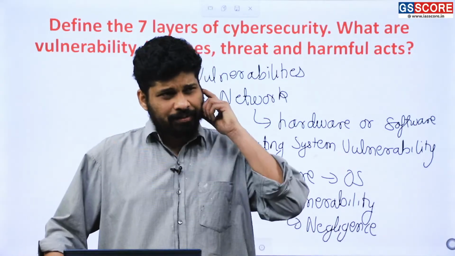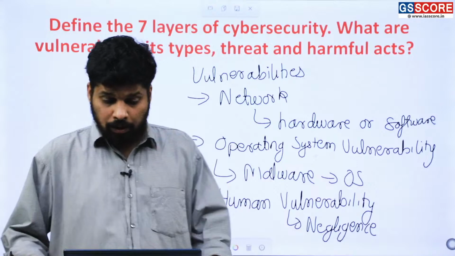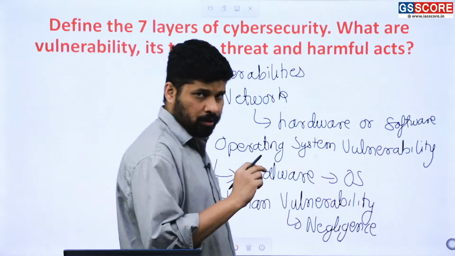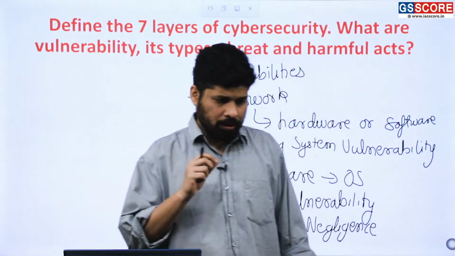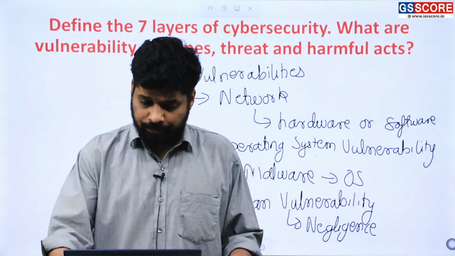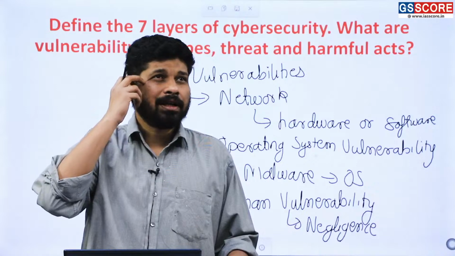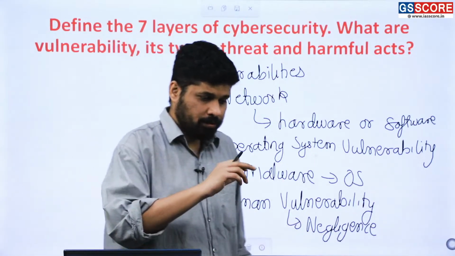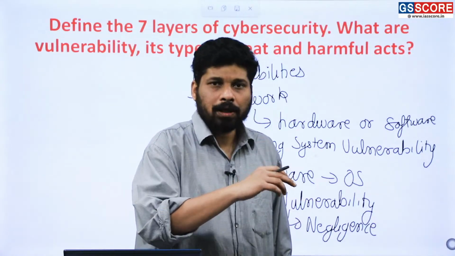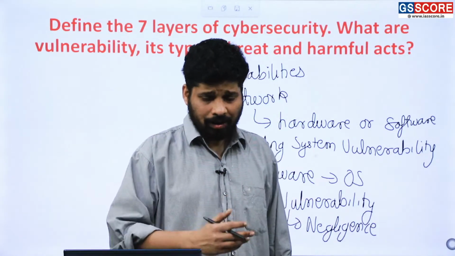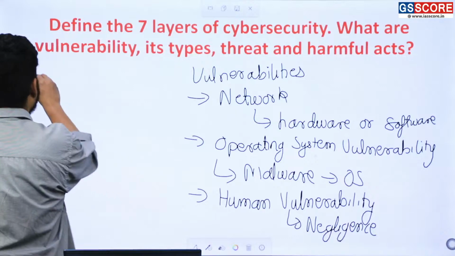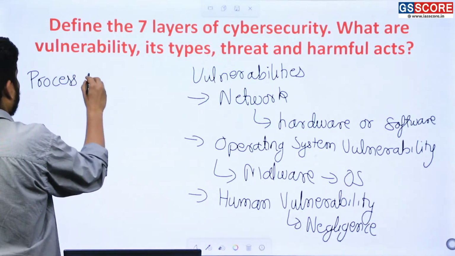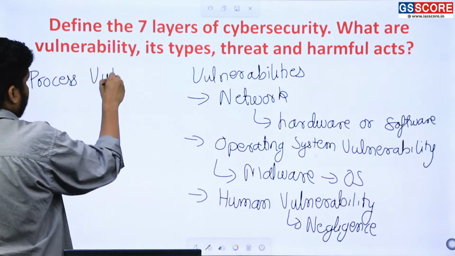It may happen that a specific control of the process is not foolproof, or the specific process of the control is not prepared to complete satisfaction. That is process vulnerability. Some part of the control remains unprotected.